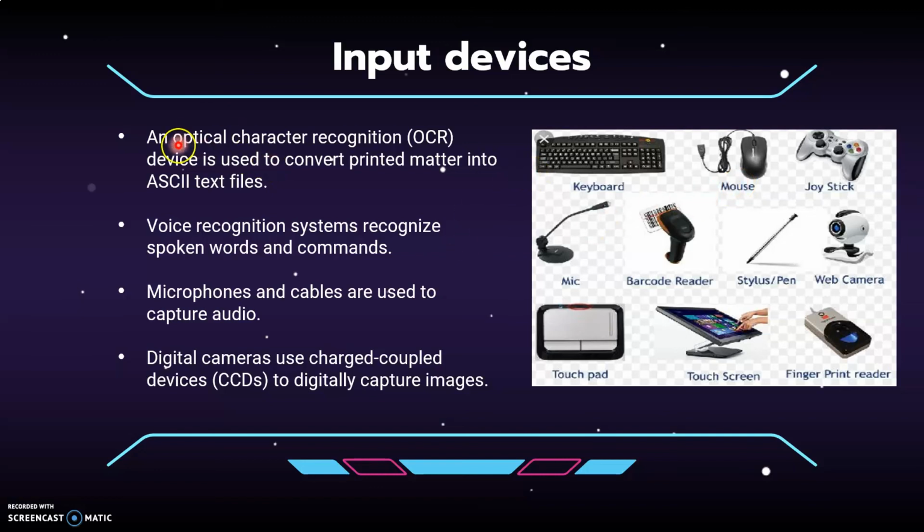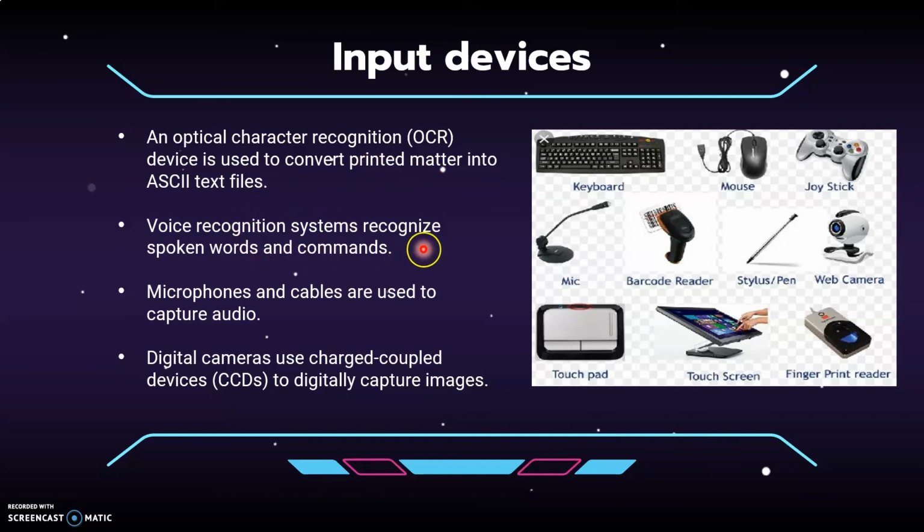So here, first one, optical character recognition, known as OCR. Let's say you have a book that you want to scan. If you use the character recognition software, you can actually scan through the text on that image in the book. So this one is used to convert printed matter into ASCII text files.